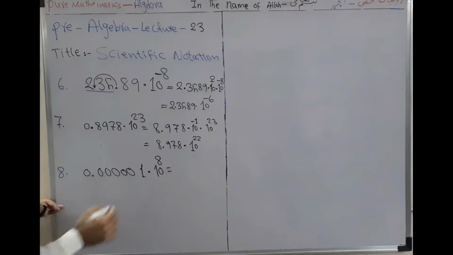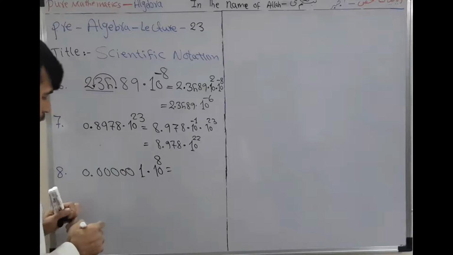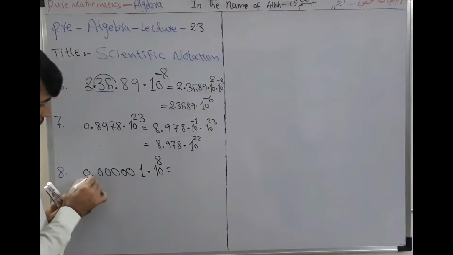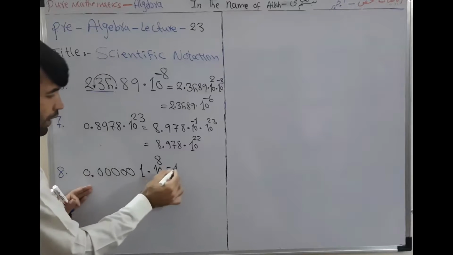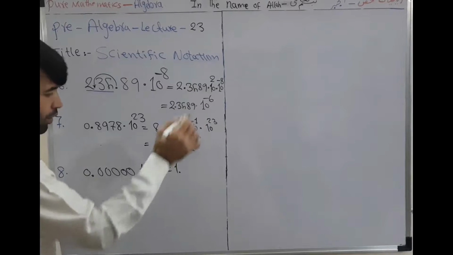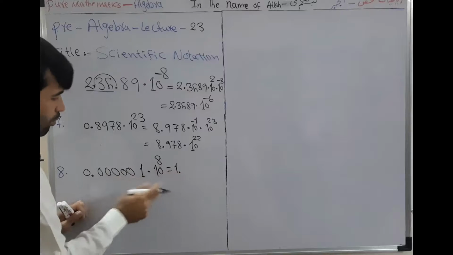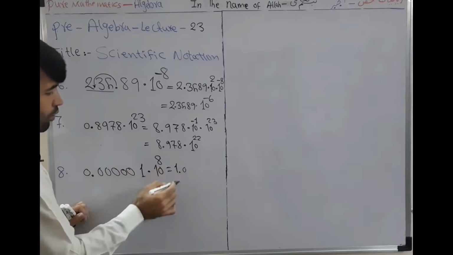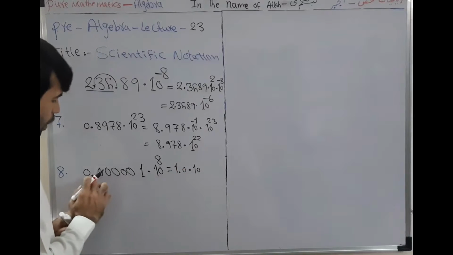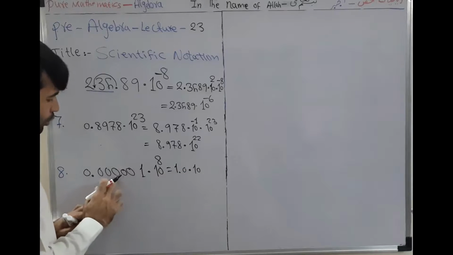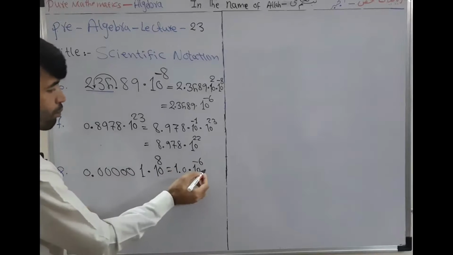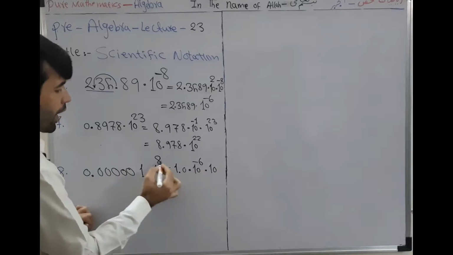It is equal to, here if you notice, this decimal point will go in front of 1, it will become 1 point, and on the right side maybe there is 0. Multiply by 10 to the power, how many? 1, 2, 3, 4, 5, 6. Minus 6. Multiply by 10 to the power 8.